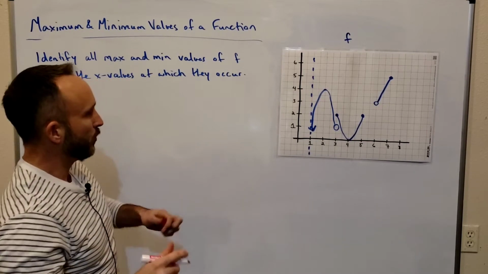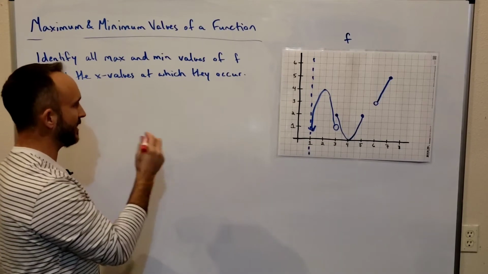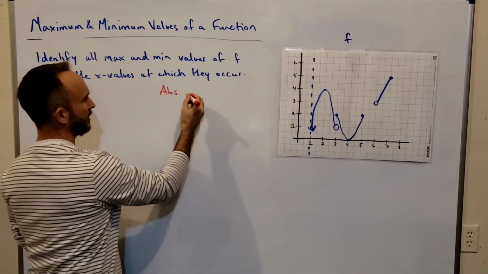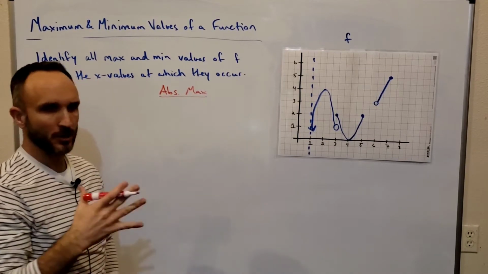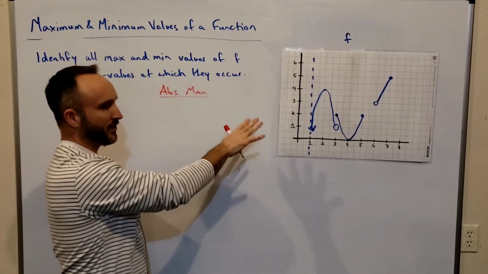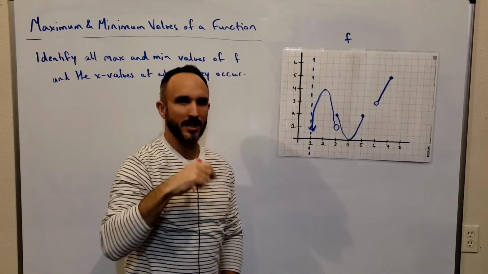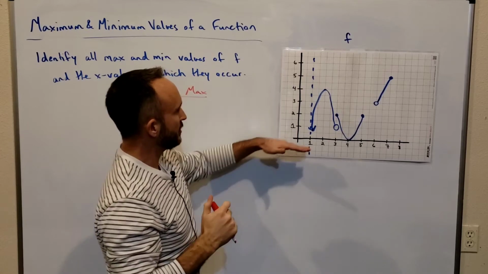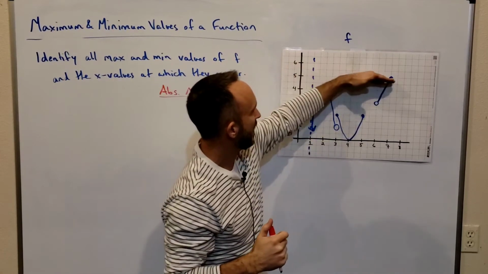So when we're looking at this function, let's first categorize. Let's say we're looking for absolute max, okay? Let's look at that first. Absolute max. In other words, is there any y value on this graph that is bigger than or equal to every other y value on the graph? And so you're literally scanning for the highest y value, and that seems to be 5.